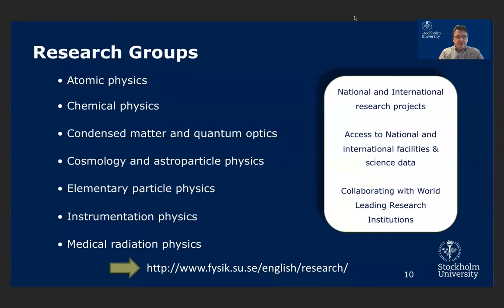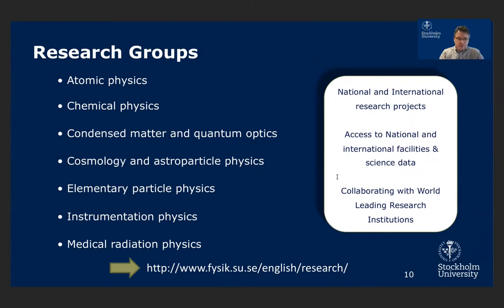So our researchers and teachers come from 7 research divisions, which are listed here. And you can have more information about our research on our website. In all these areas of research, we are involved in national and international research projects. And we have access to the national and international facilities and the corresponding science data.